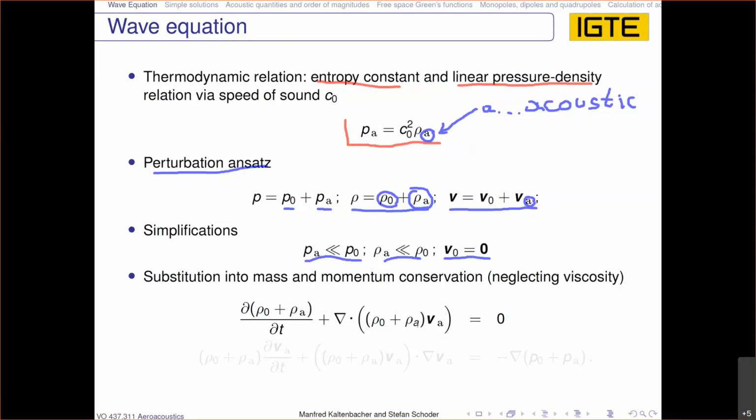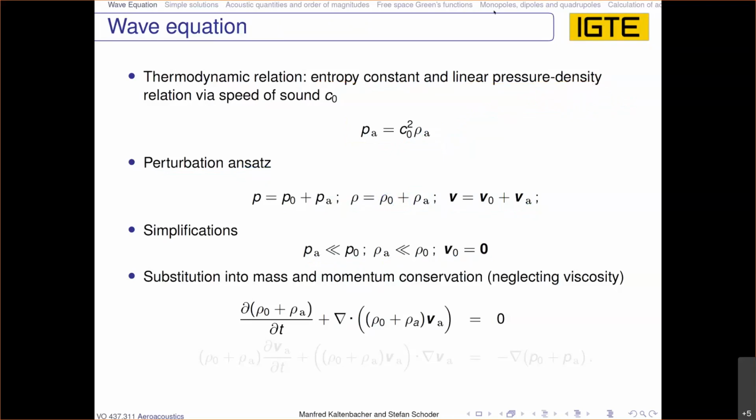Okay, so we have to substitute it into the full set of mass and momentum conservation. And as you can see here, you substitute the density by the mean density plus the fluctuating density.